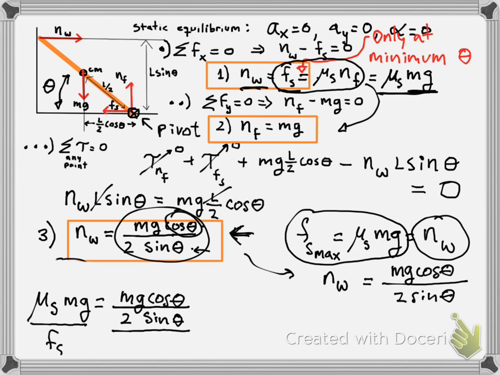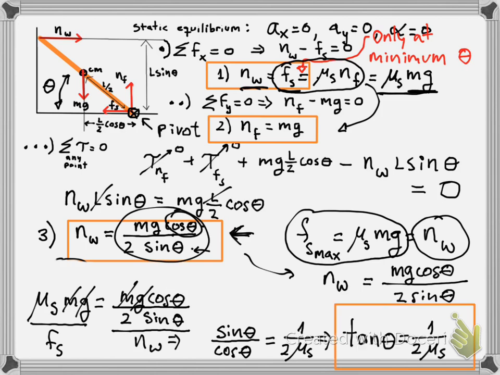This is F sub s equals N_w. So we can cancel m and g and solve for sine theta divided by cosine theta, moving the sine theta to the numerator on the left, cosine theta in the denominator, and we can finally write our expression more compactly as tangent theta equals 1 over 2 mu sub s.